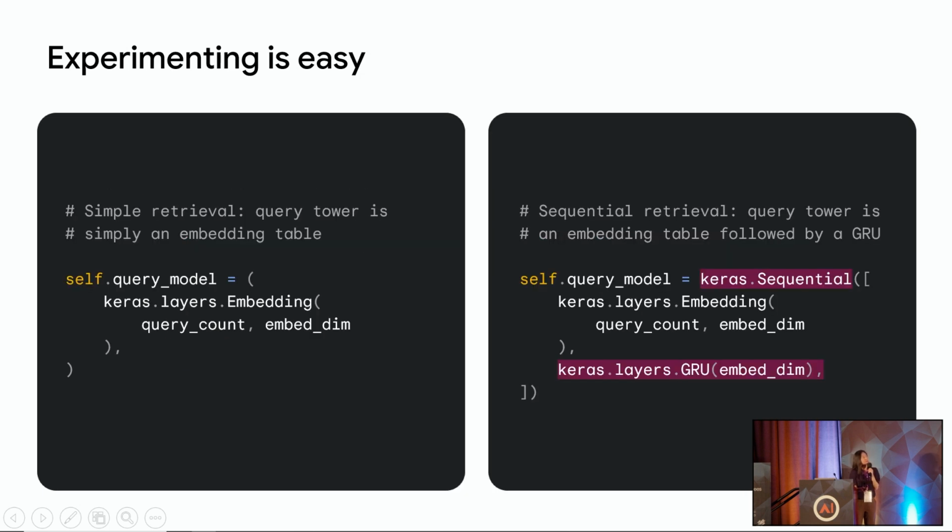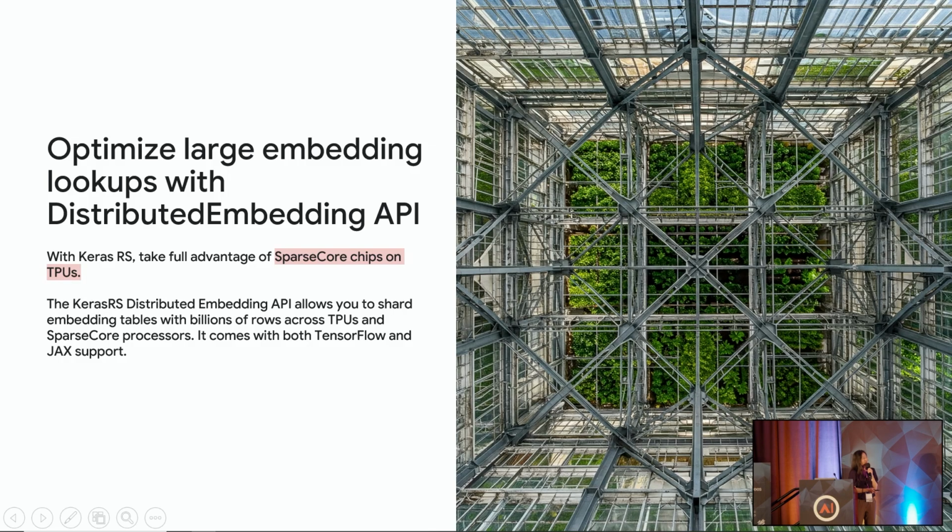So with Keras Recommenders, experimenting is super easy. You can easily convert this model from just a simple retrieval model to a sequential retrieval model on the right. And then the very special thing about Keras Recommenders, especially if you're interested in using TPUs for doing large embedding lookups, is our new distributed embedding API.